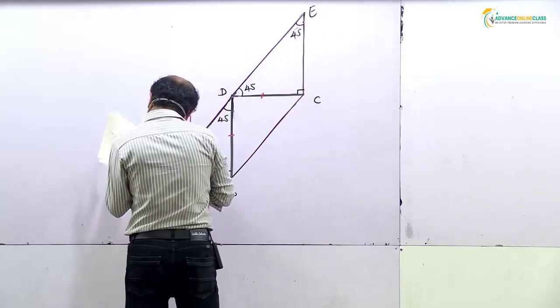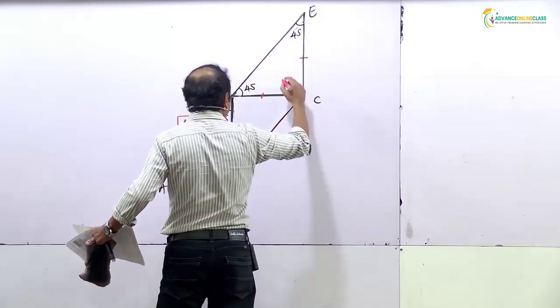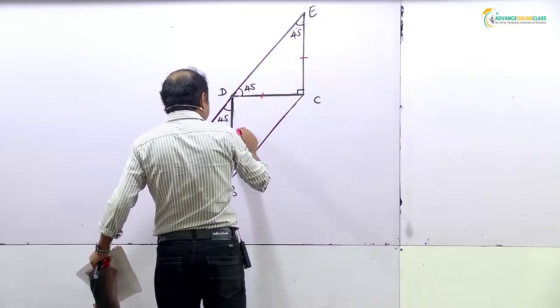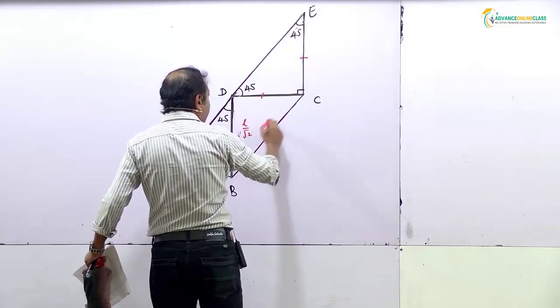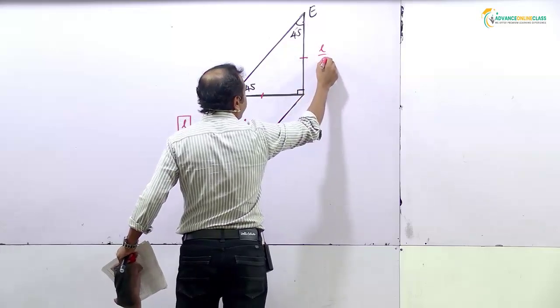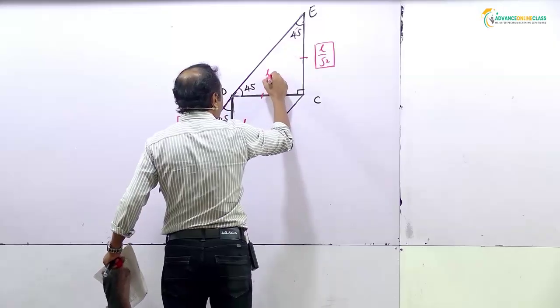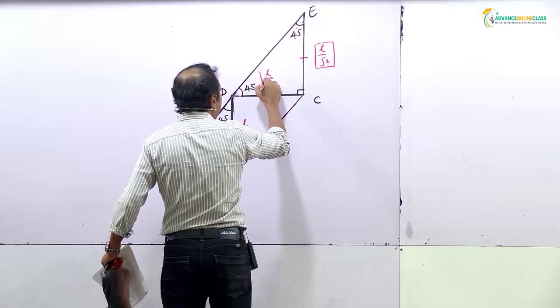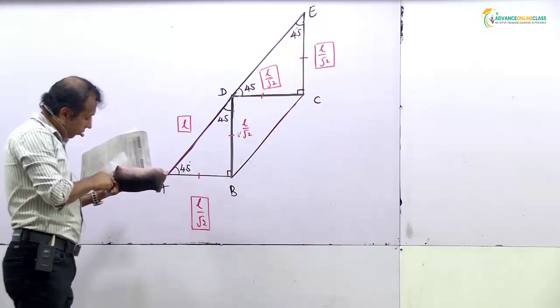Then this side also same, L over root 2. This length L over root 2. This also L over root 2. The red are lengths. Don't confuse that.